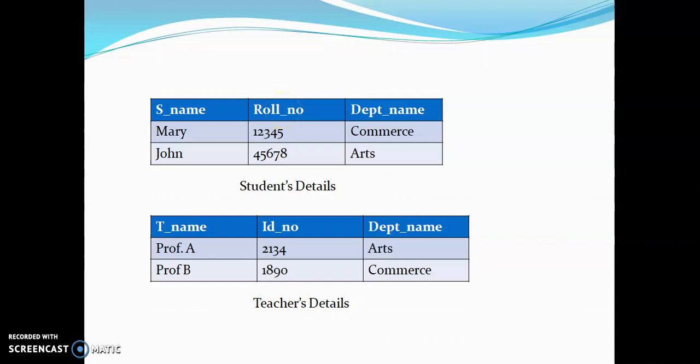It's a student's relation or a teacher's relation. That is what a relation is all about. You have an entity and the table that you maintain for that particular entity. You have a student as an entity and you maintain a table for the entire details of this entity. This table can be referred to as a relation.